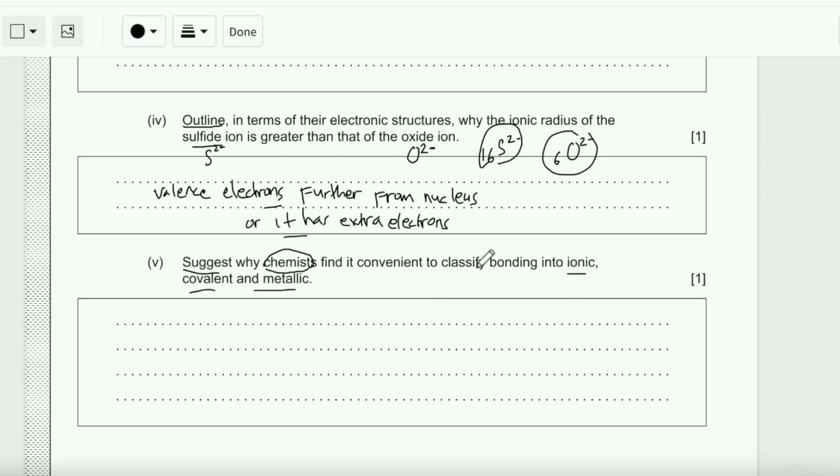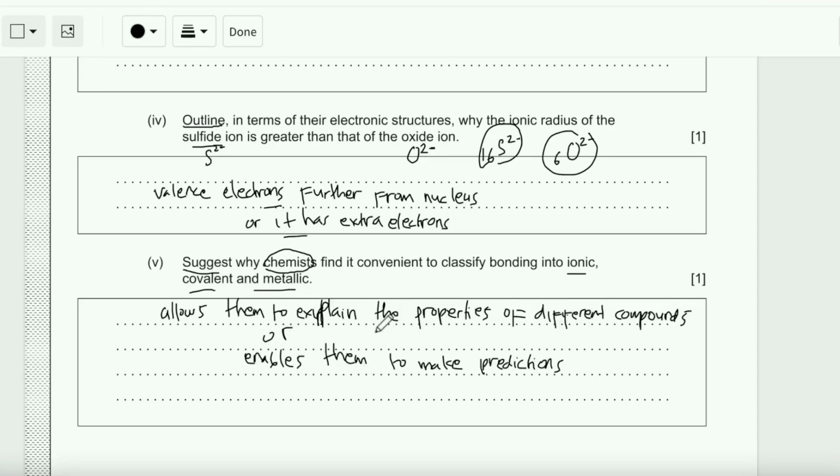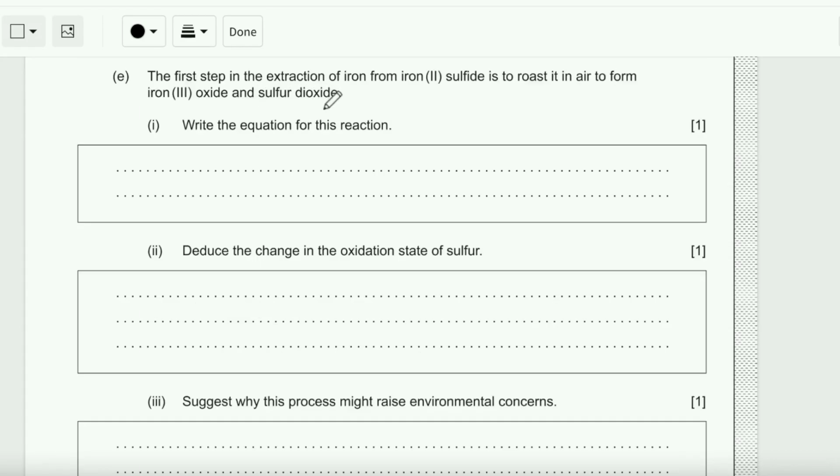When we talk about some properties of ionic, covalent, metallic, like boiling point, melting point, this helps the chemist to check the properties of different compounds. It allows them to explain the properties of different compounds, or enables them, the scientists, to make predictions, for example that ionic bonds have a higher melting point compared to covalent bonds.